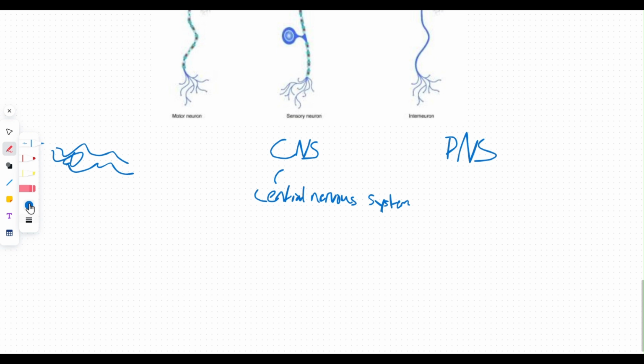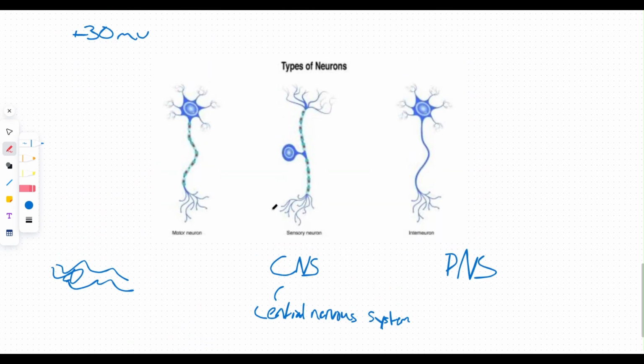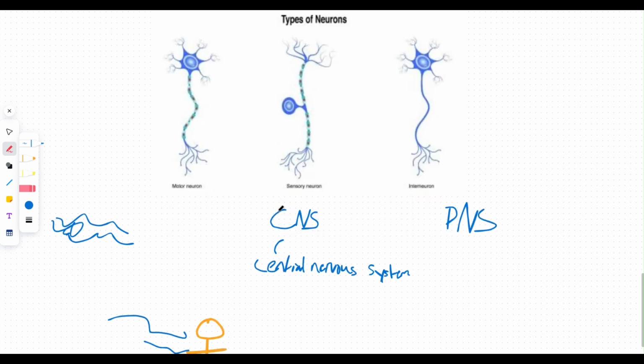Let me draw Bob, and let me make him orange. Bob thinks it's a very cold day. He feels a wind breeze, right? The sensory neurons will realize this. They'll say, oh, okay, it's quite cold. Let me send a signal to the interneuron, the central nervous system, right?